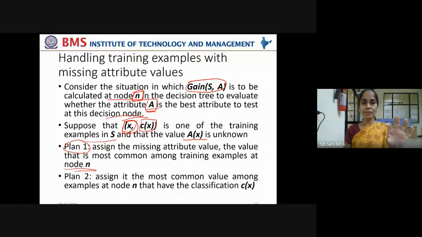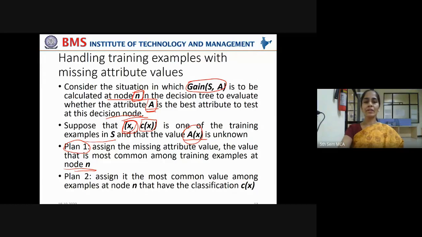Now on this leaf node, how many of the training examples have one value with respect to this attribute A? Say 3 examples have value 10 and 1 example has value 5.